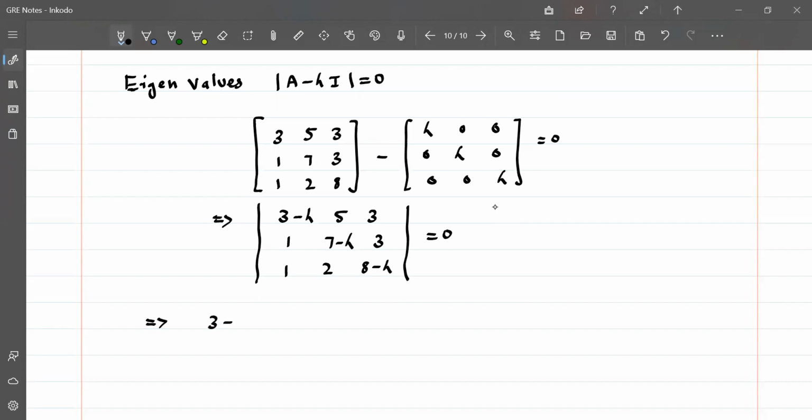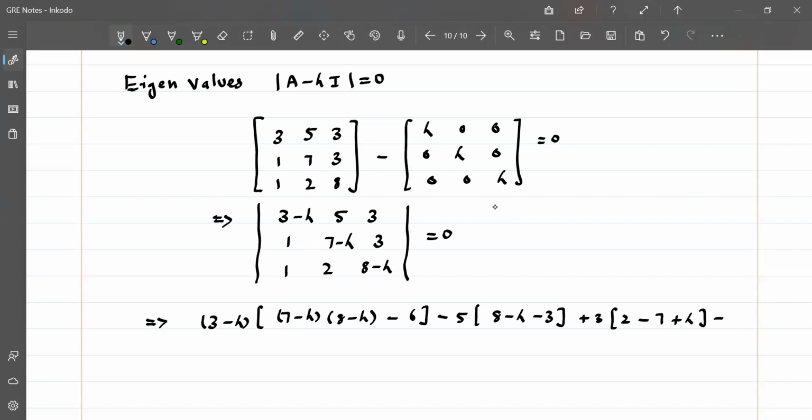So you know that 3 minus lambda into 7 minus lambda into 8 minus lambda, then minus 5 into, 3 2s are 6, minus 5 into 8 minus lambda, and 3 1s are 3, minus 3, plus 3 into 2 1s are 2, minus 7 plus lambda, equal to 0.